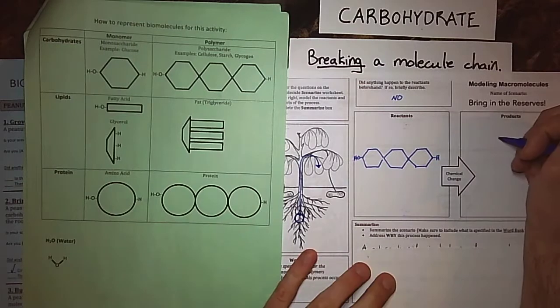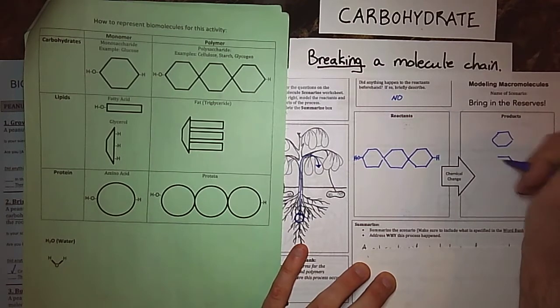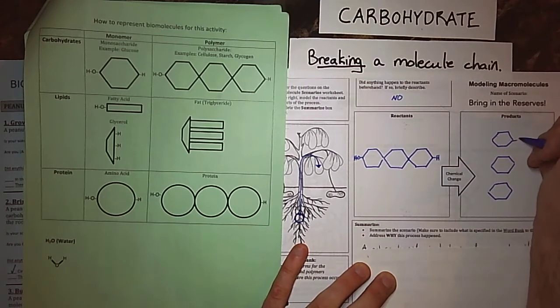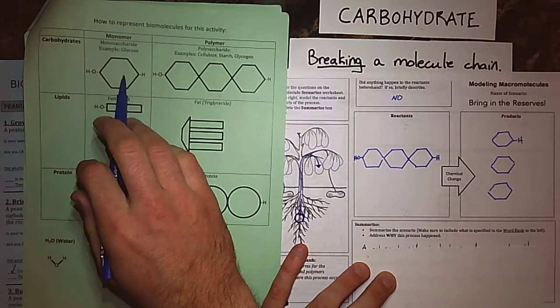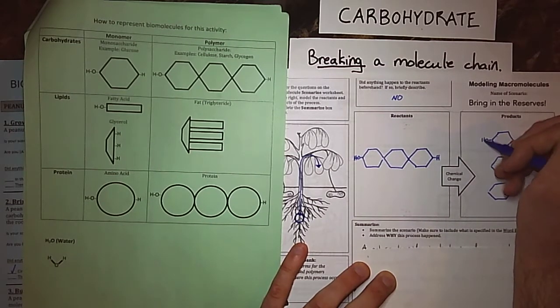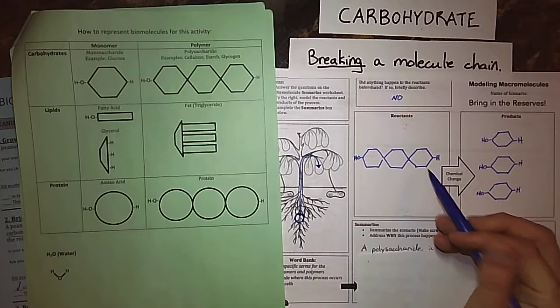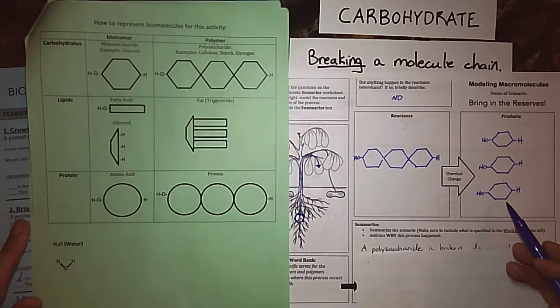So I'm going to draw 3 glucose molecules. And if I look at my glucose molecule here, I have an H at the end of each one, and an OH on the left side. All right, so I've taken my polysaccharide, I've broken it down into my monosaccharide glucose.